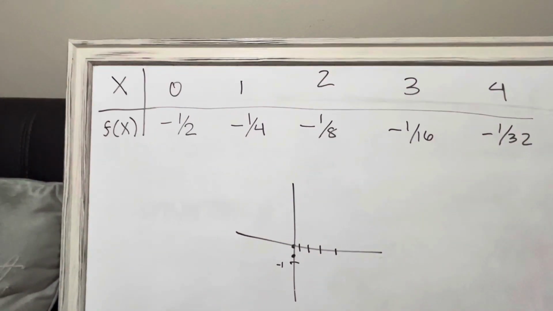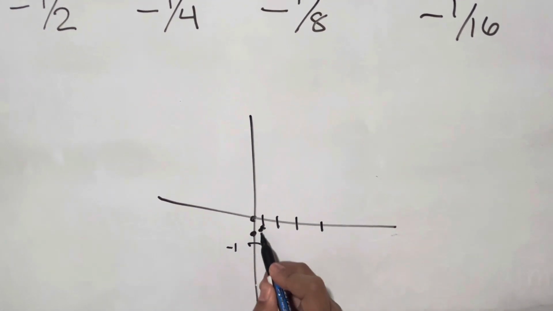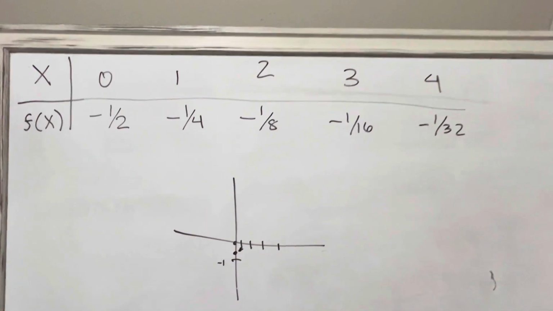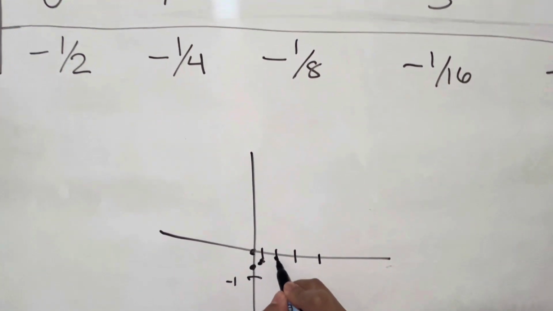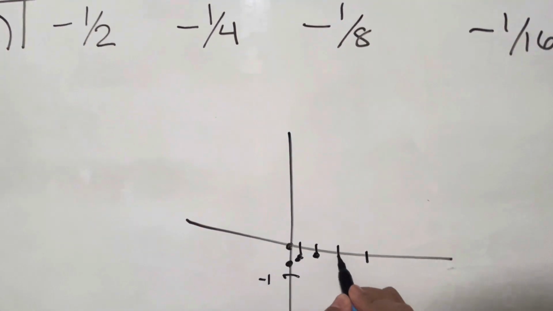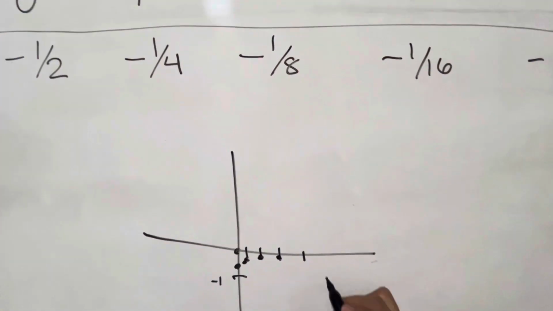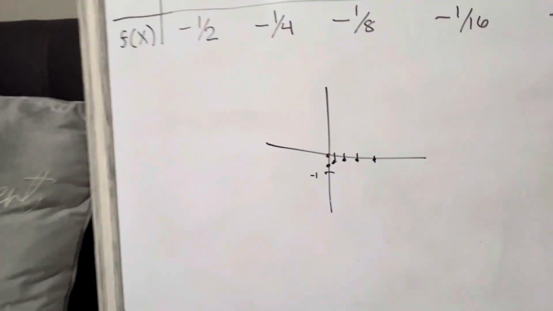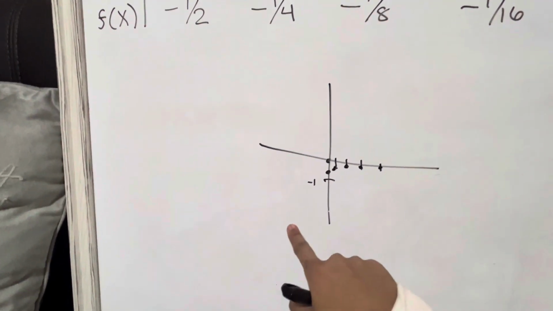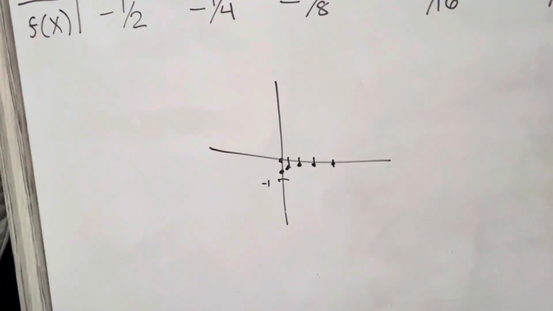Then 1 is at negative 1/4, 2 is at negative 1/8, 3 is at negative 1/16, and 4 is at negative 1/32. So even though these are negative, you can tell this is gradually going up. Therefore, it is exponential growth, which cancels out A and B.